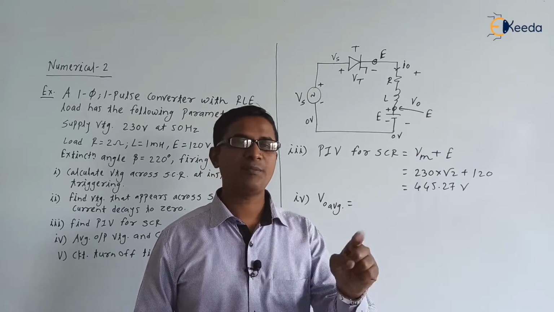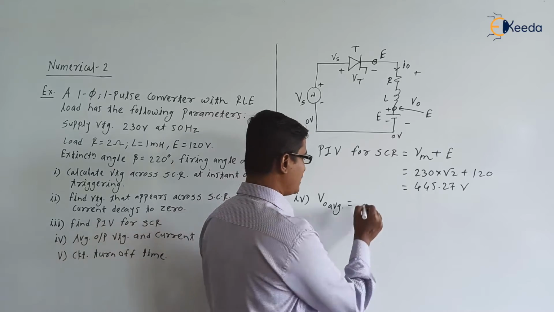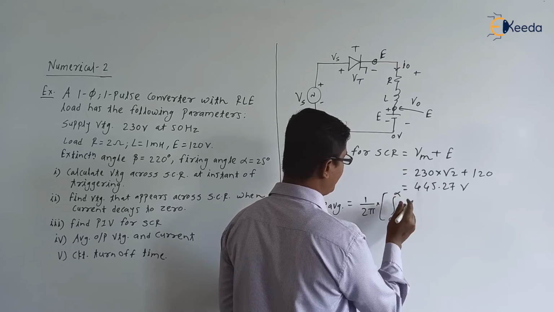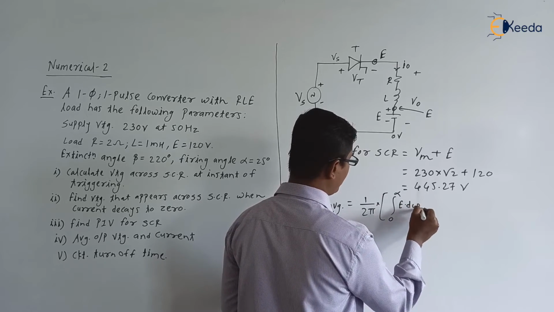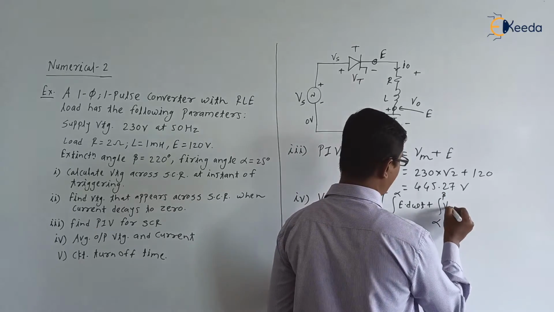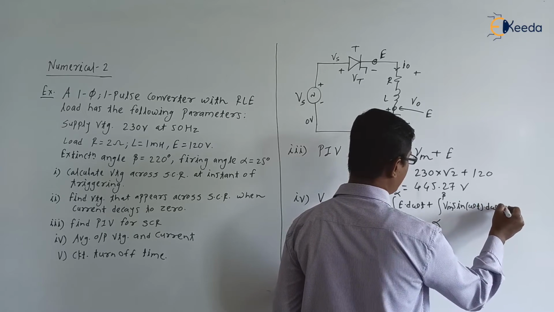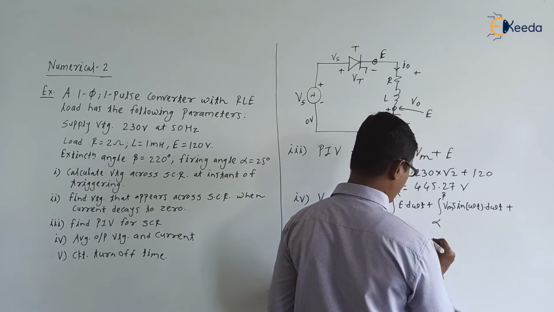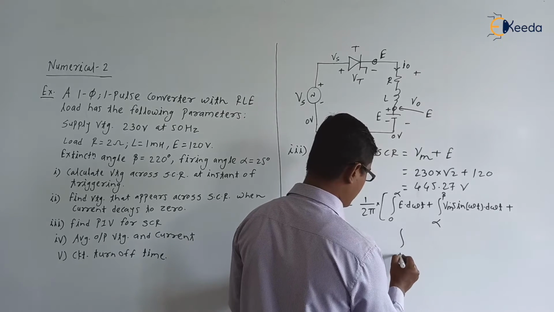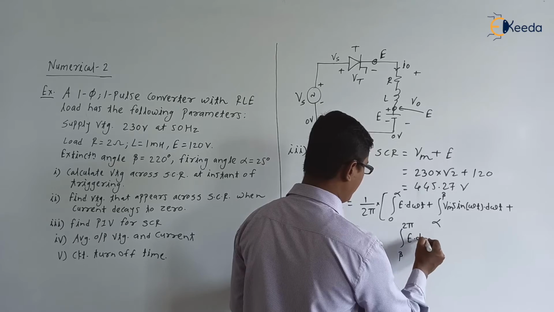From alpha to beta it is same as that of the supply voltage, and from beta to 2 pi it is again E. So we can write it as 1 by 2 pi into integration from 0 to alpha, E into d omega t, plus integration from alpha to beta, same as that of the supply voltage, Vm into sine of omega t into d omega t, plus integration from beta to 2 pi, again E into d omega t, right?